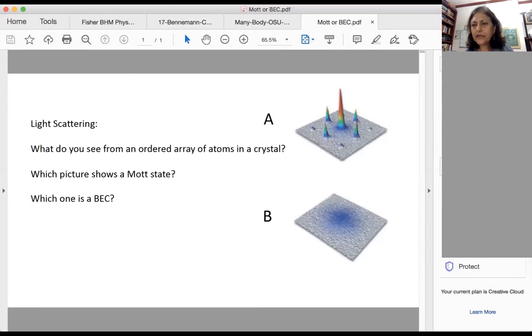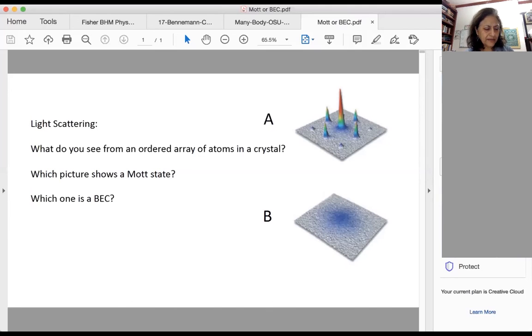You have light incident on a sample at some angle, it scatters, and then you look at that light as a function of angle. You're detecting photons. So that's the setup. It's what you would do in a crystal to see the structure of crystals.